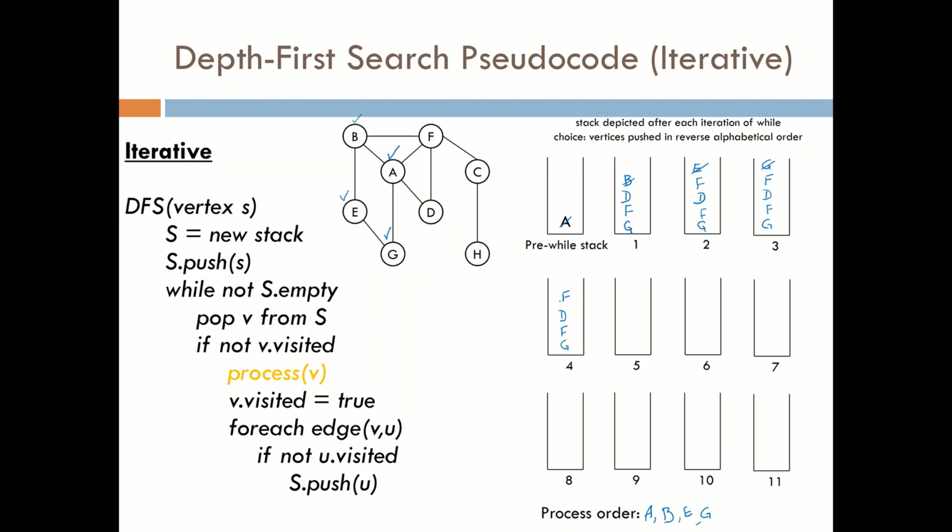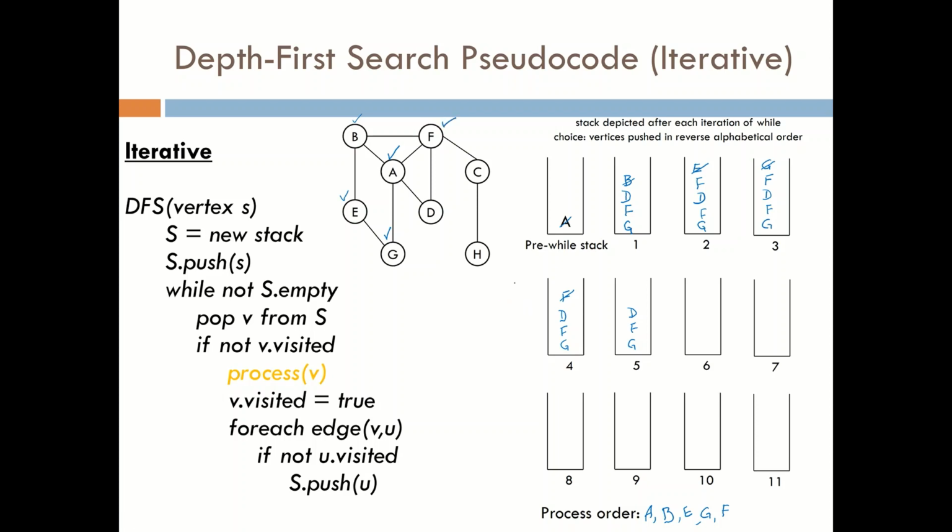So we pop F off, and we've got G and F and D. Okay, and F has not been previously marked as visited, so we enter the if statement and we process F, and we mark F as visited.